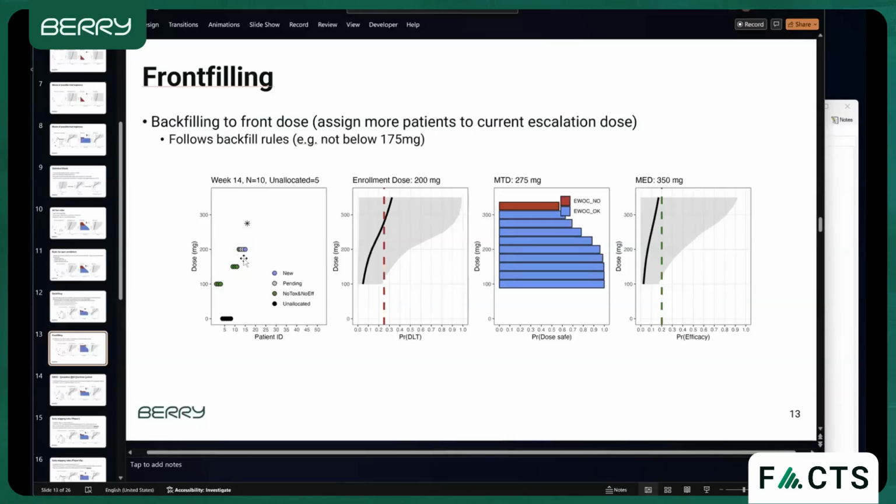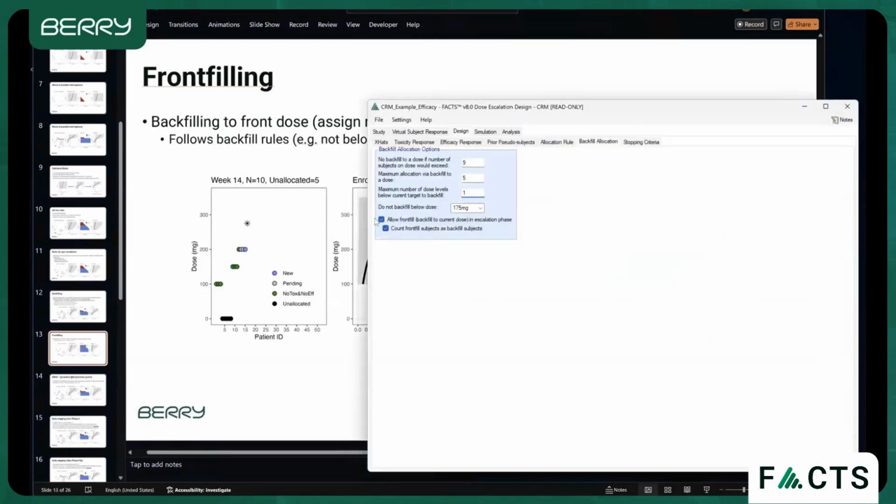Conceptually, this means we are happy having 3 patients at risk at the same time. But what happens with open enrollment is by the time this patient arrives, there's only 2 patients at risk anymore. So you're happy putting a 3rd patient at risk. That's what's happening here. And this is front fill. And this is what we allowed with this checkbox.